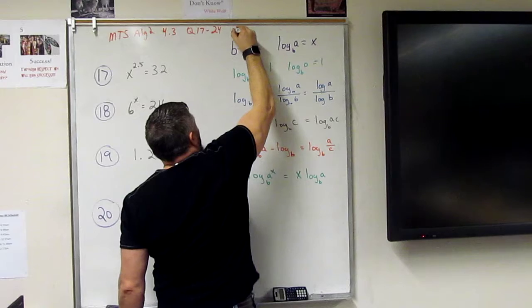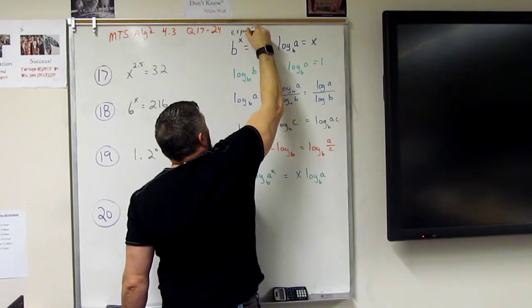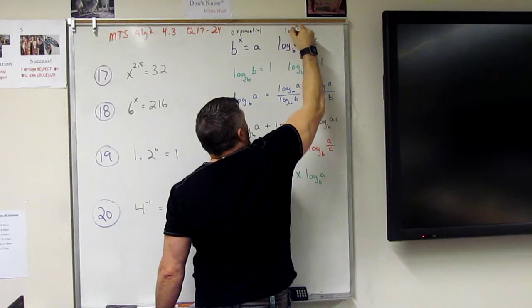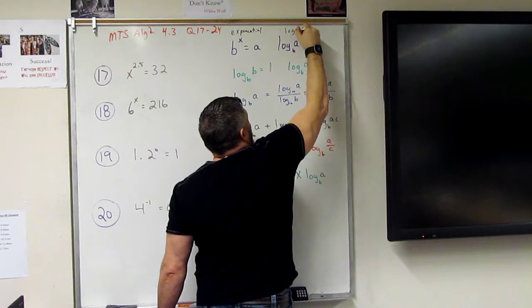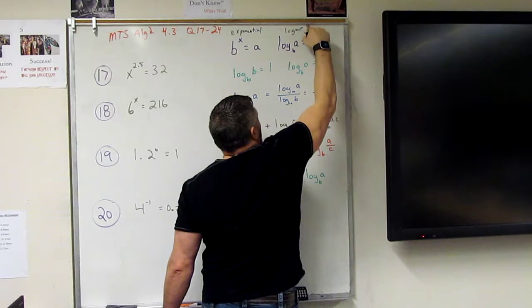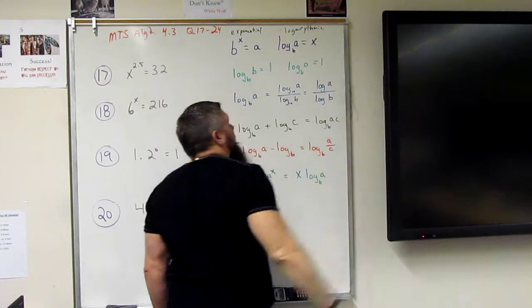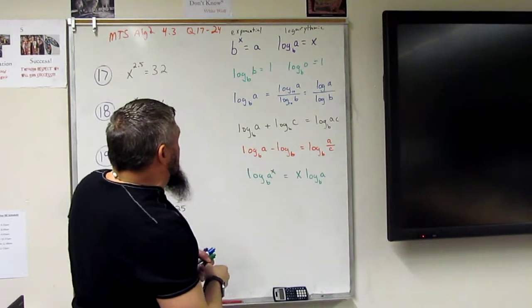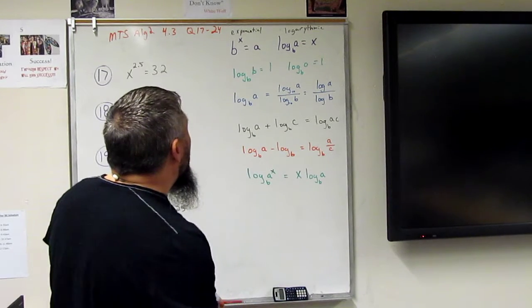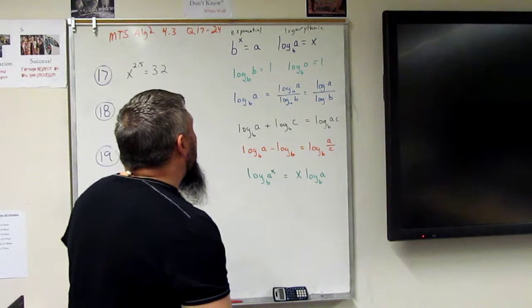So this is exponential, and this is logarithmic form. I don't think there's an A in there.